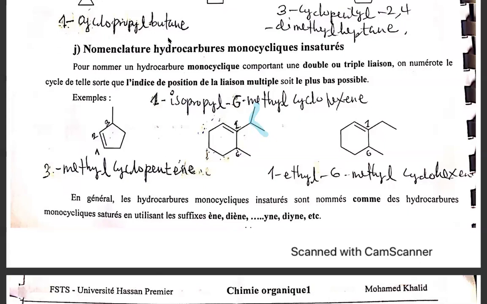Okay, let me draw it in this way. We have this here as our isopropyl. Which one is going to be our chain principle? You can take it from anywhere. You can take it from this, from like that. It can be a chain principle as well.